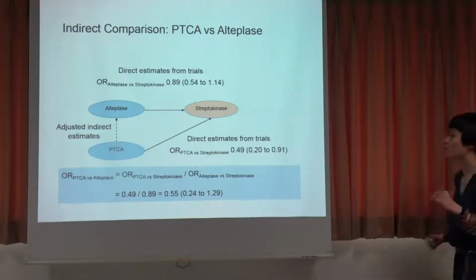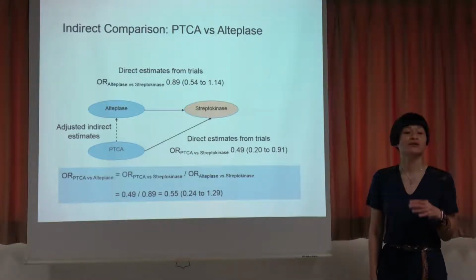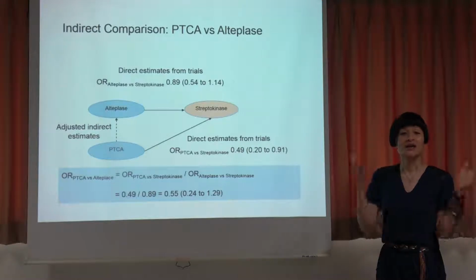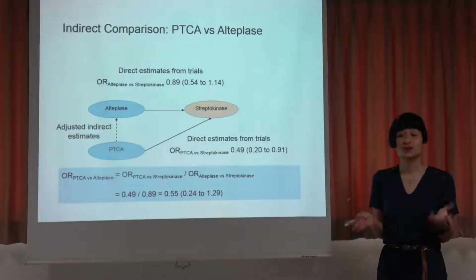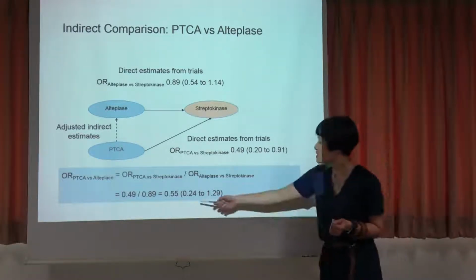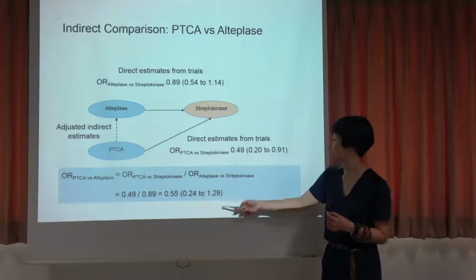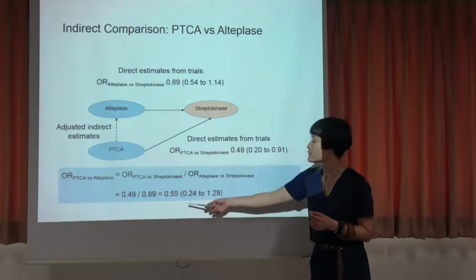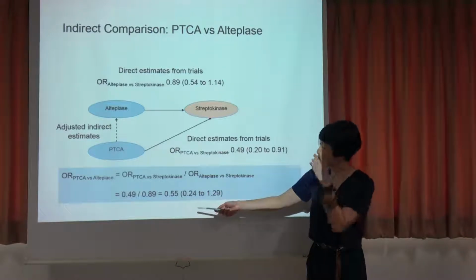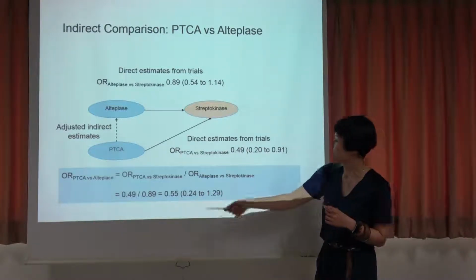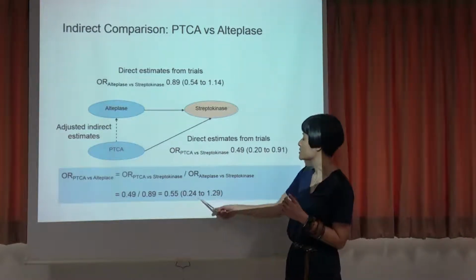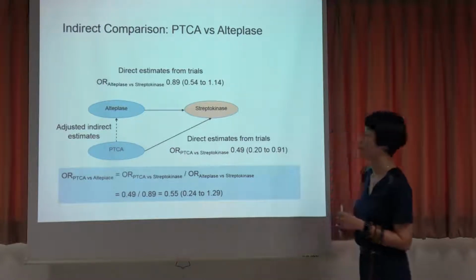Okay, so once you're able to calculate the variance and the standard deviation, then again, similar to last week, you calculate a confidence interval. So here, for this estimate, we can calculate the confidence interval for the treatment effect, PTCA relative to alteplase, and here it's 0.24 to 1.29.